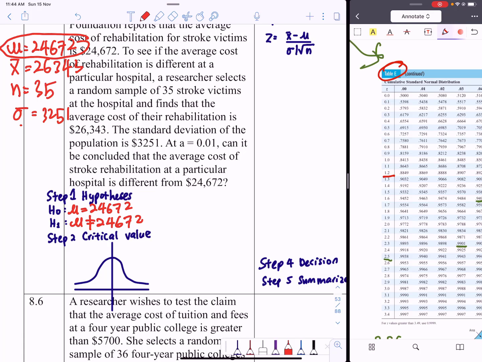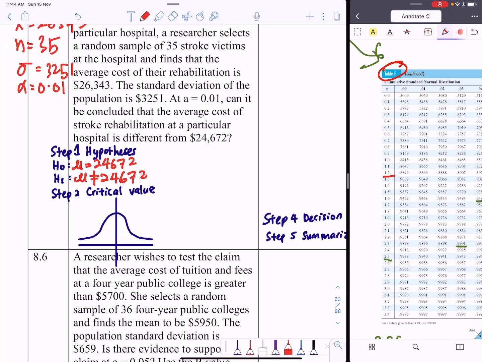Now we move to alpha. Alpha is 0.01. Because of the not equal sign, it means it's a two-tailed test. There is a tail on the left and a tail on the right, so alpha needs to be divided by 2, which gives 0.005.